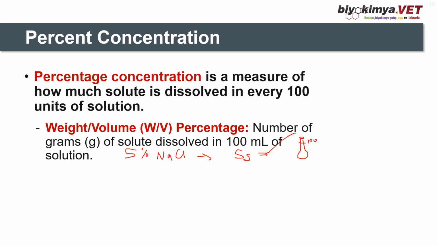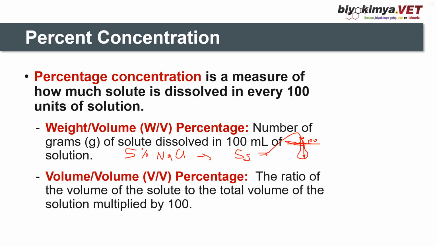I will put the 5 grams of sodium chloride into the volumetric flask and then pour water to fill up to 100 milliliters, and we will obtain a 5% sodium chloride solution. So, a solution containing 5 grams of sodium chloride in 100 milliliters of solution. Be careful. The 100 here is the total volume of solution.